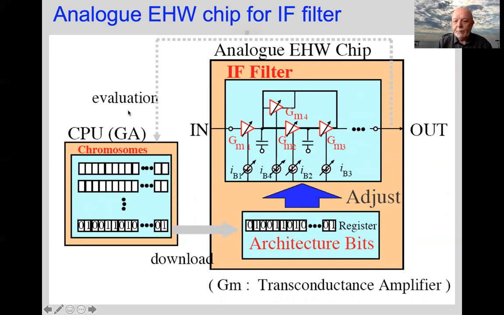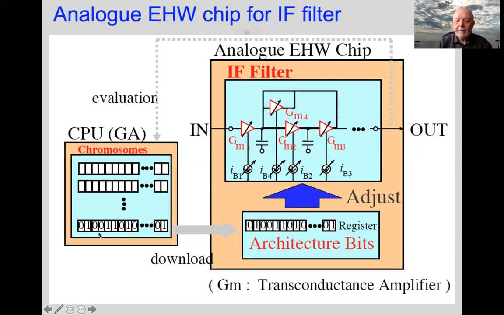This was the chip being built, and what they did was augment it with a genome, a chromosome, where each bit or series of bits affected the current going into each of these op-amps, which in turn affected their characteristics.